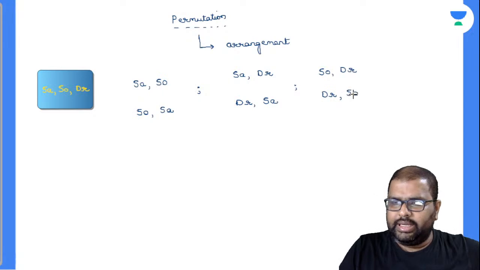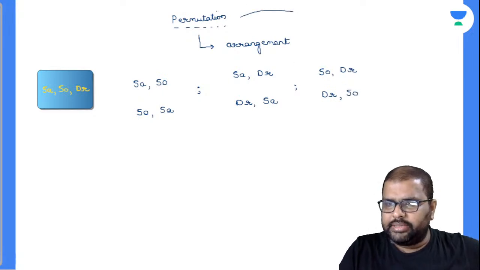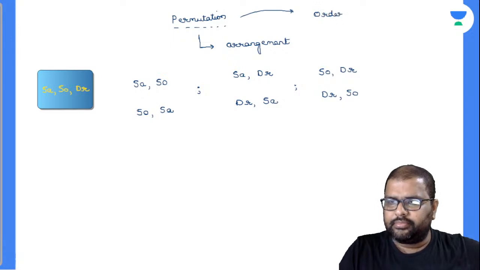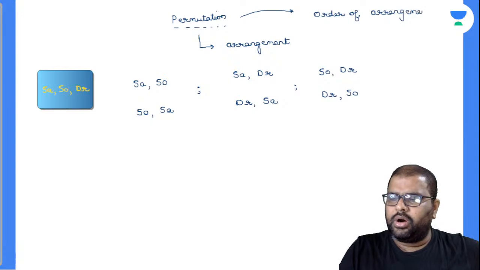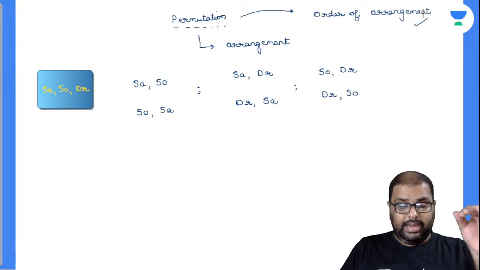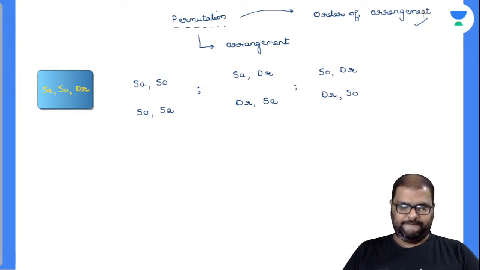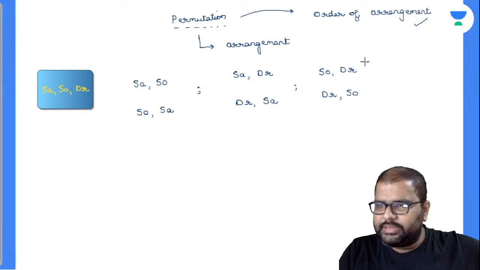So the point here is, in permutation, order of arrangement is there. Order of arrangement has to be surely taken. It is a mandatory thing that you should do there. So totally, how many arrangements did you get there?